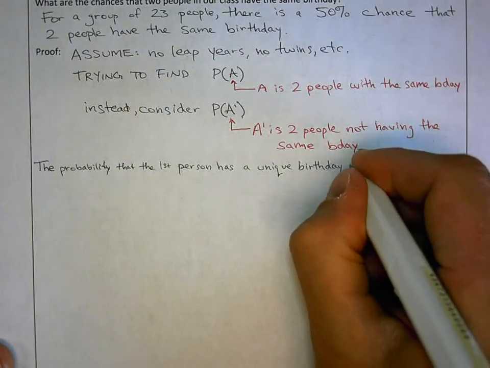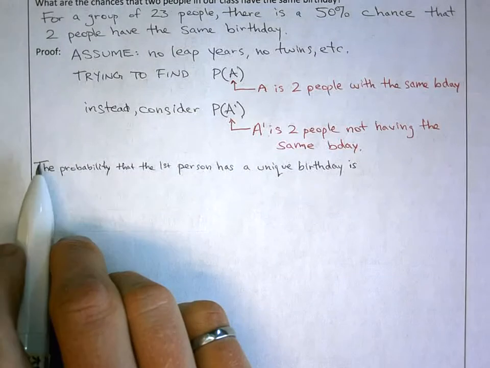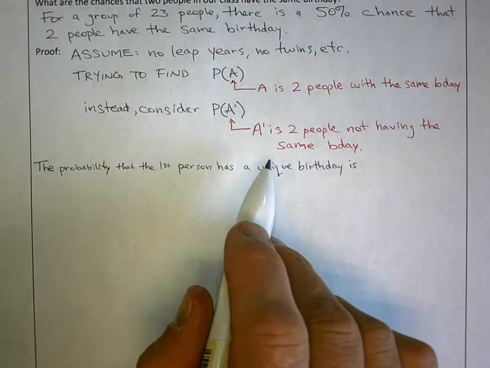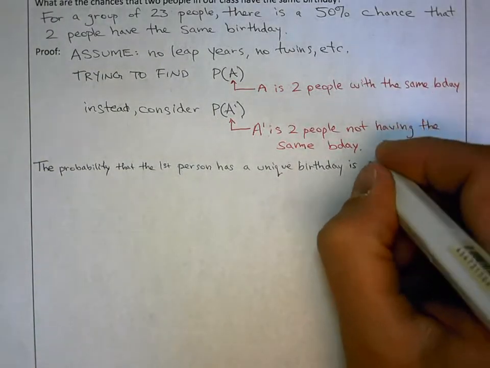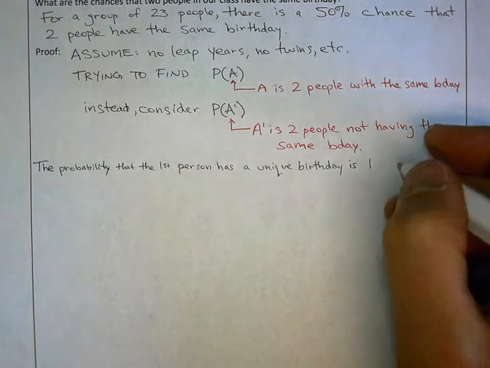Well, if I'm going around the room, the first person I select has to have a unique birthday because they're the first person I've interviewed. If they say March 18th, of course no one else has that yet because they're the only person I've asked. So it's always going to be unique.